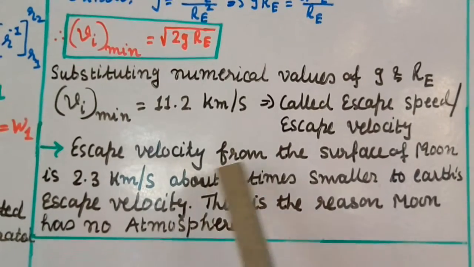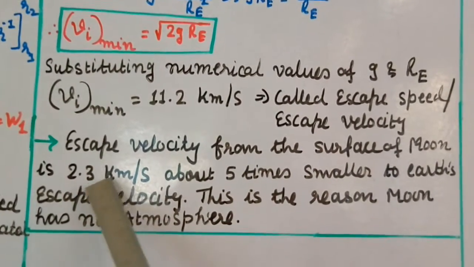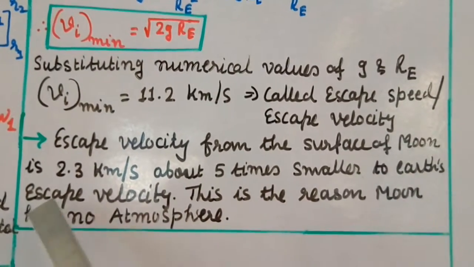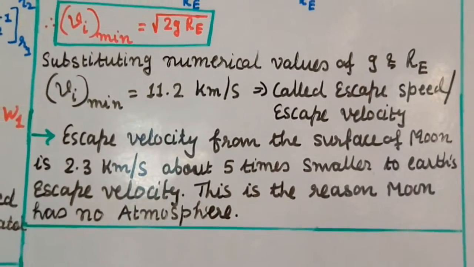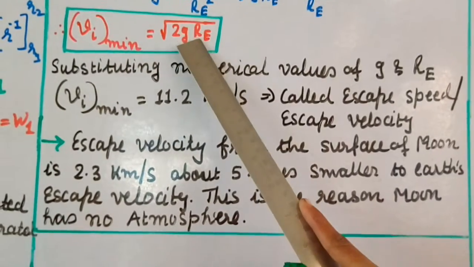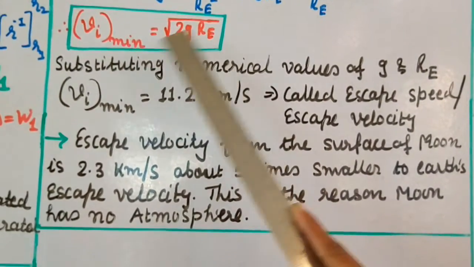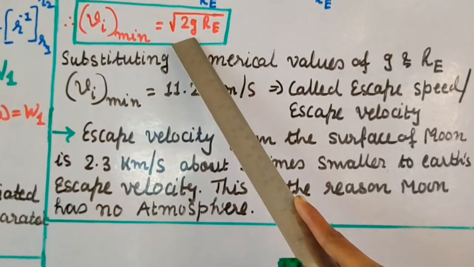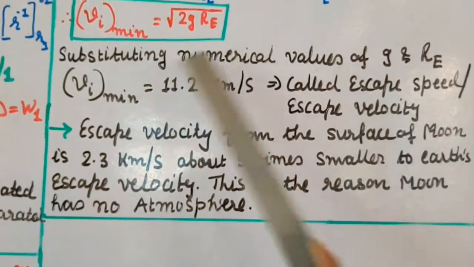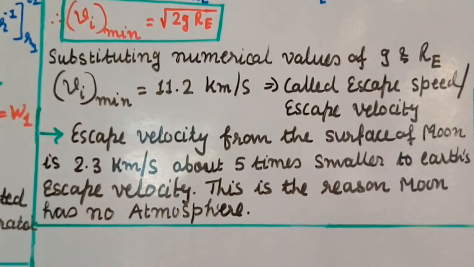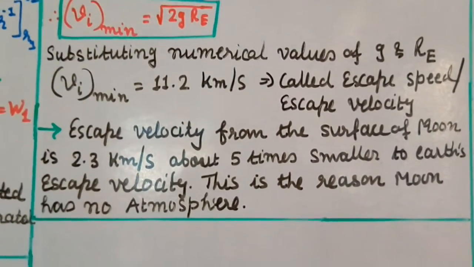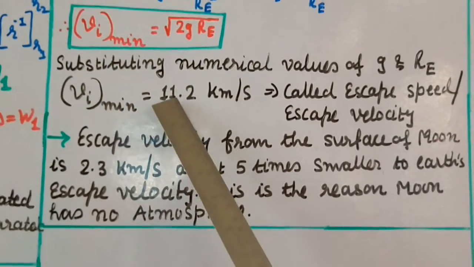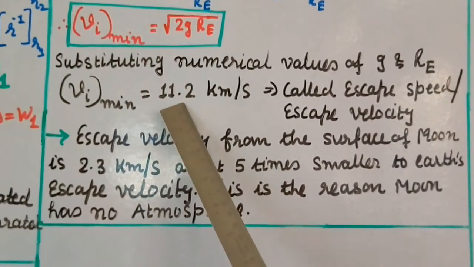Now escape speed from the surface of the Moon is 2.3 km per second, about 5 times smaller than Earth's escape velocity. If we replace this Re, the radius of the Earth, by the radius of the Moon, and the acceleration due to gravity on the surface of the Moon, which is different, and simplify, then the escape velocity from the surface of the Moon is 2.3 km per second, which is very small compared to Earth's escape velocity.